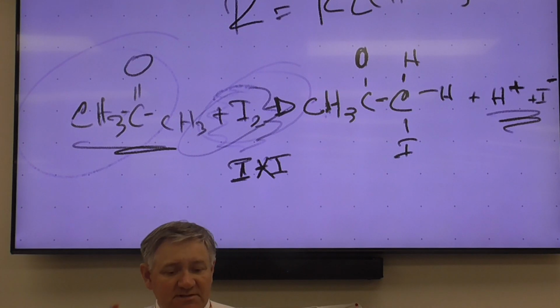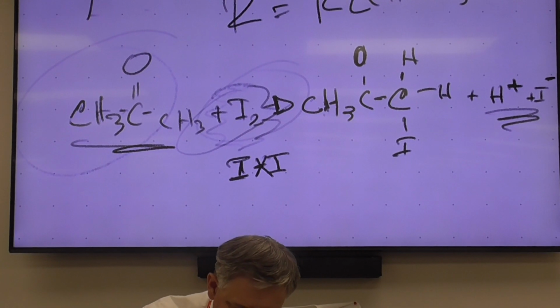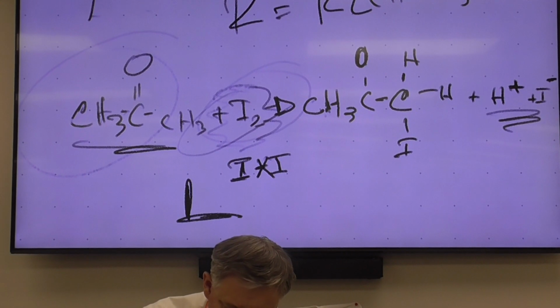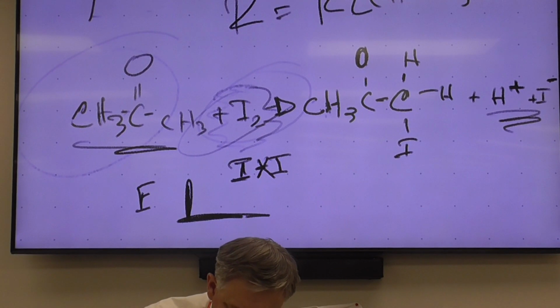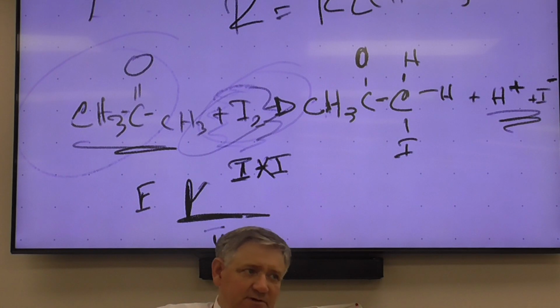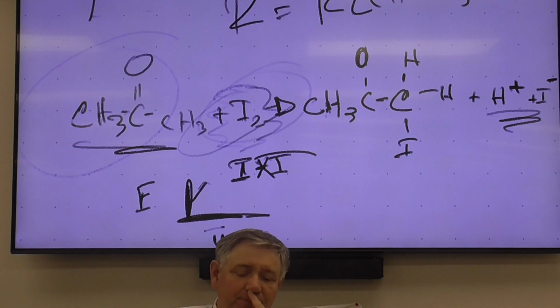This is where activation energy comes in, and we'll talk a lot more about it. If you look at energy versus time, to get the party started you have to invest some energy to break the bonds that hold the iodine together.